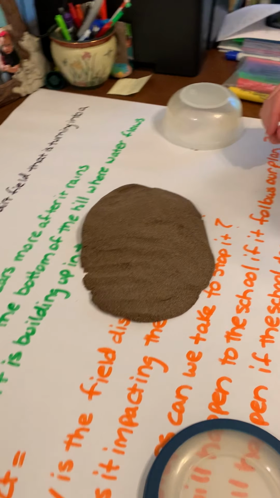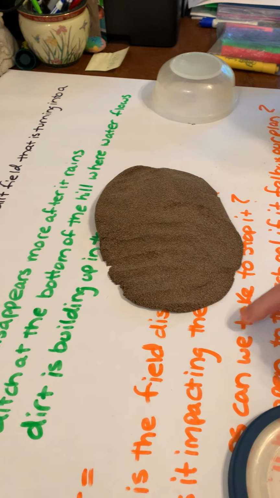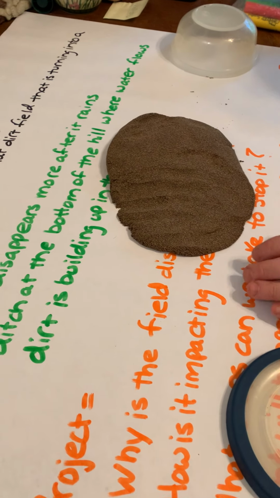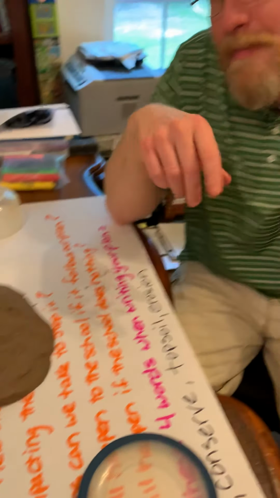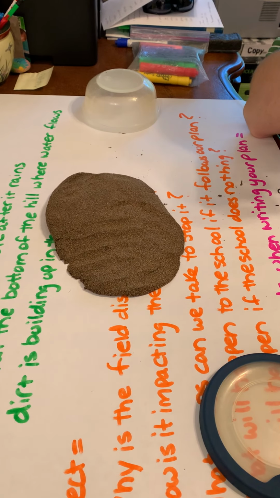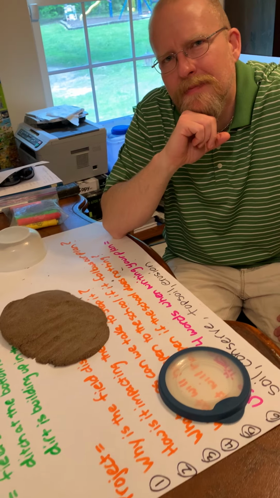And then at the bottom of the hill, there's a ditch that water runs through that winds up getting filled with dirt. So I'm going to think about their playground and think about our playground at school. What do we have at our playground that this playground is missing?